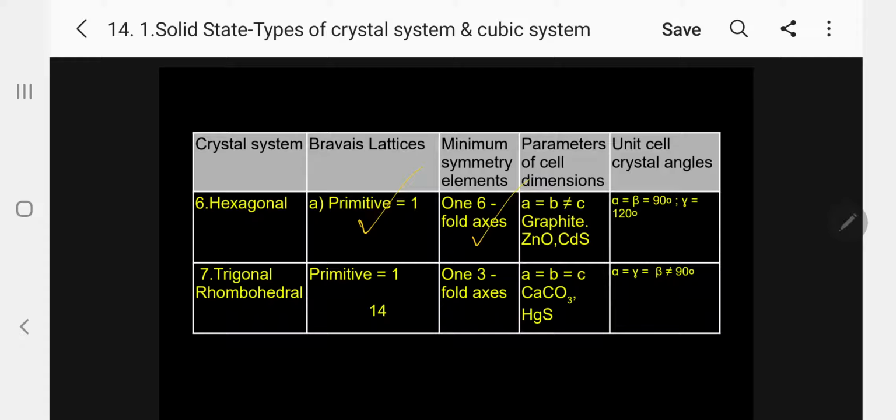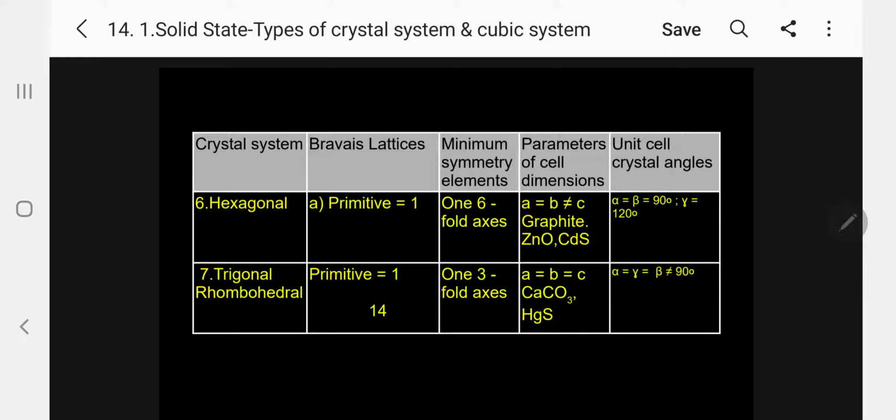Please follow. Examples: zinc oxide and cadmium sulfide. The last crystal system, trigonal or rhombohedral, only one primitive cell. 1 three-fold axis. a equal to b equal to c. Alpha equal to beta equal to gamma not equal to 90. Examples: calcium carbonate and mercury sulfide. Please follow.